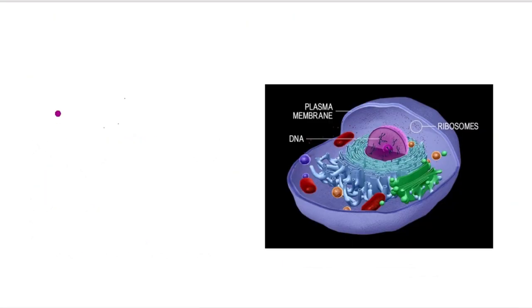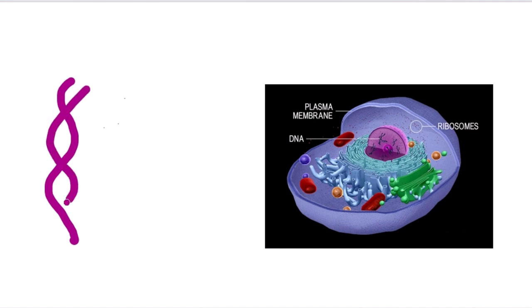See, nucleic acid, in the sense where will the nucleic acid be present? The nucleic acid is present inside the nucleus. What does it do? What is present in the nucleic acid? We all studied about the DNA, right? DNA is the hereditary material. So what is present in the DNA?